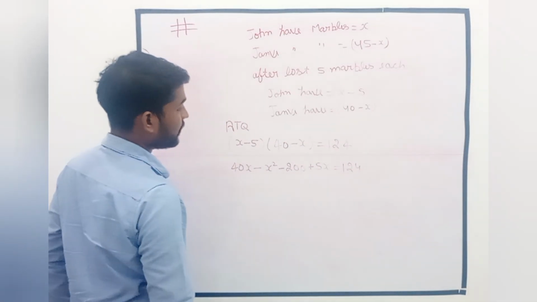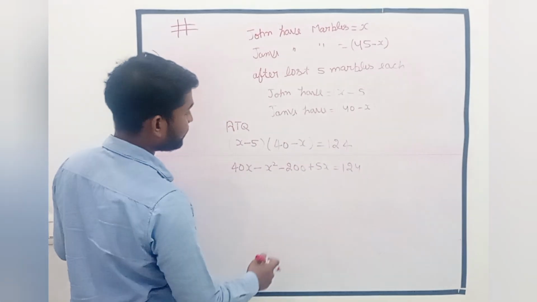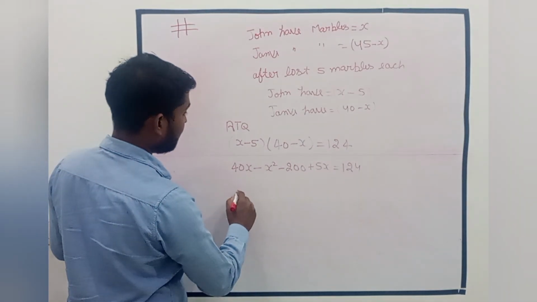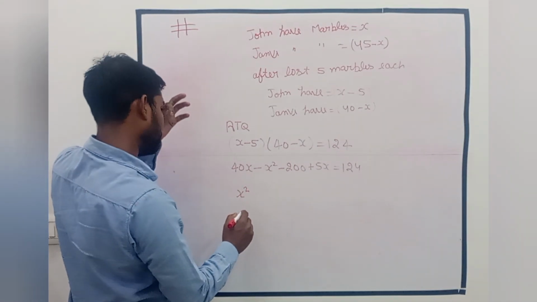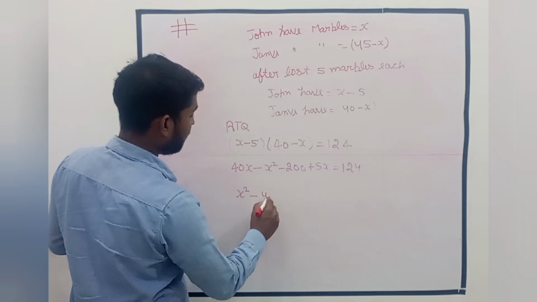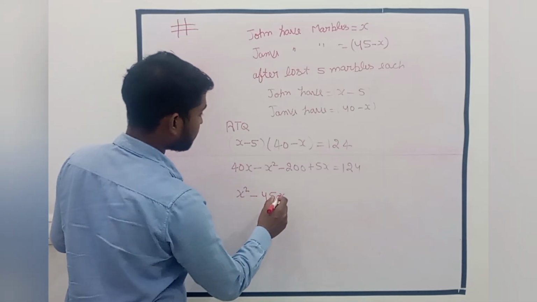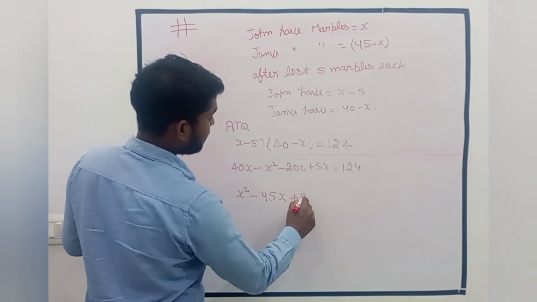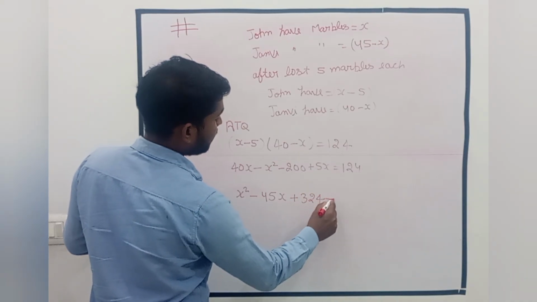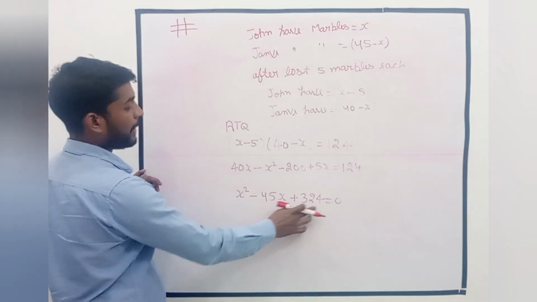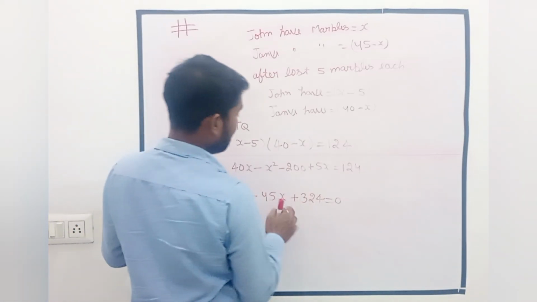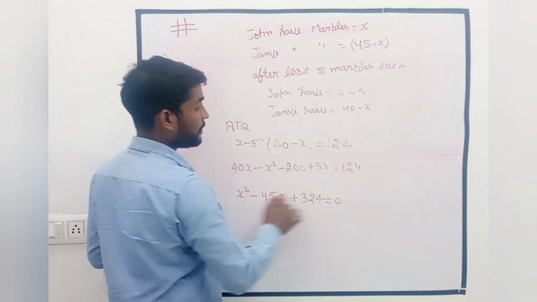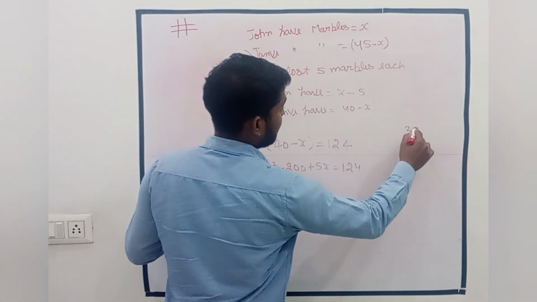Substituting everything, this will become x square minus 45x plus 324 equal to 0. And we will find the factors of 324, where the sum of these factors is minus 45.